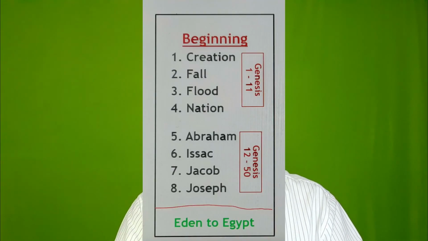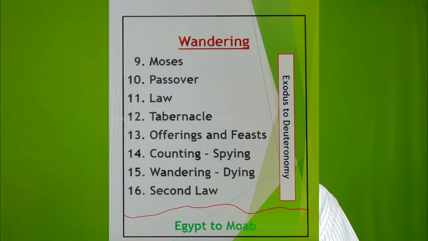Now, just go through the flow of our story. Genesis: creation, fall, flood, nations, and 4 patriarchs, Abraham, Isaac, Jacob, and Joseph, ended in Egypt. Through Moses, God delivered them through Passover. God gave them the law and the tabernacle blueprint.